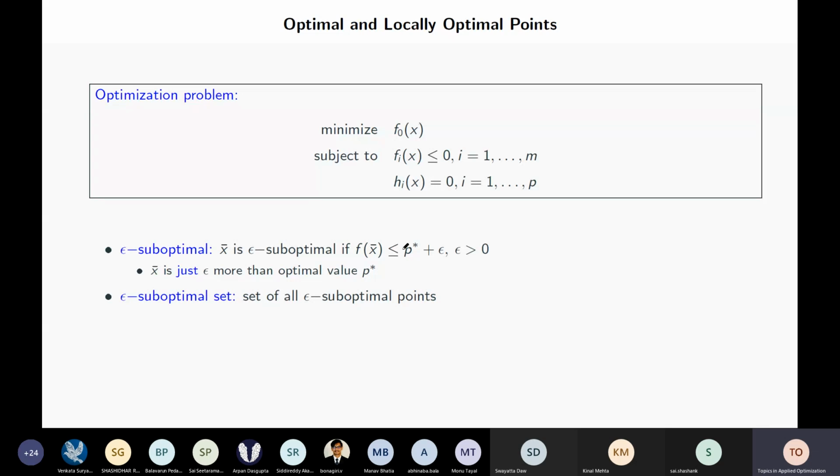An epsilon optimal set will be the set of all possible epsilon suboptimal points. So if you think of a higher dimension, let us say my P star is sitting somewhere here, and I'm solving my problem in R2. Then I can approach this via many ways, right?